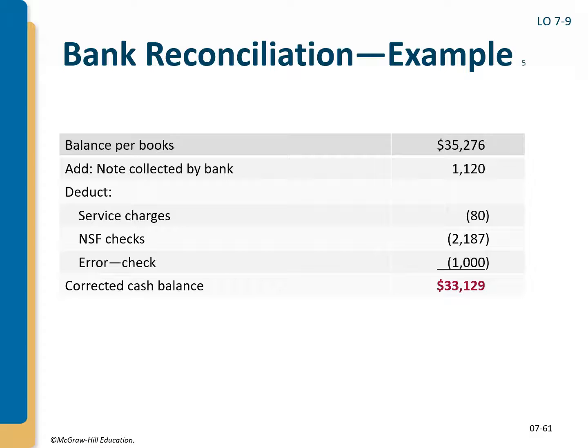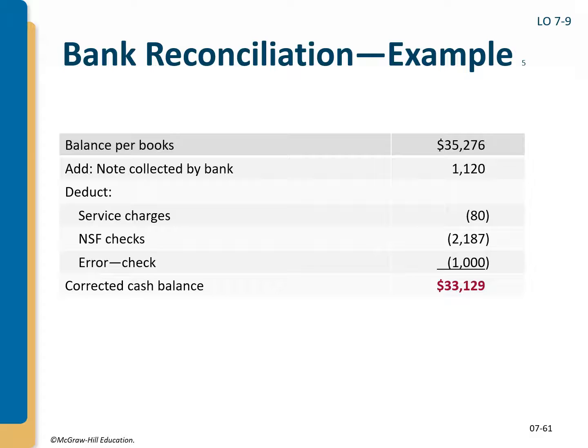The assumption is they weren't recorded yet, nor were the NSF checks. Deduct them. They should have been deducted. And then that error, remember, we deducted $790, and it should have been $1,790. So we didn't deduct enough. So now we've got to deduct that additional $1,000.